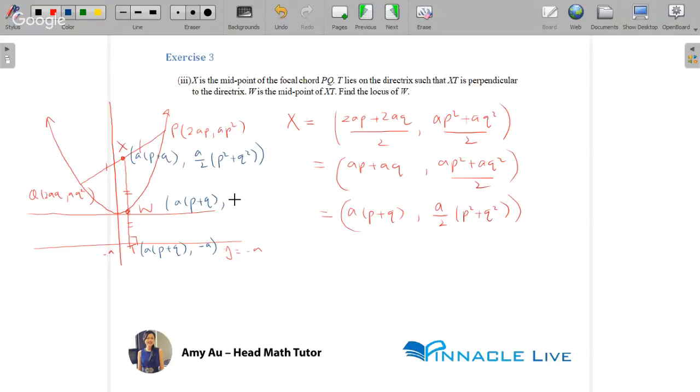Now the y coordinate, we'll work it out using the midpoint formula. So it's (a/2)(p²+q²) minus a, all over 2, which gives a over 4. So that's it.